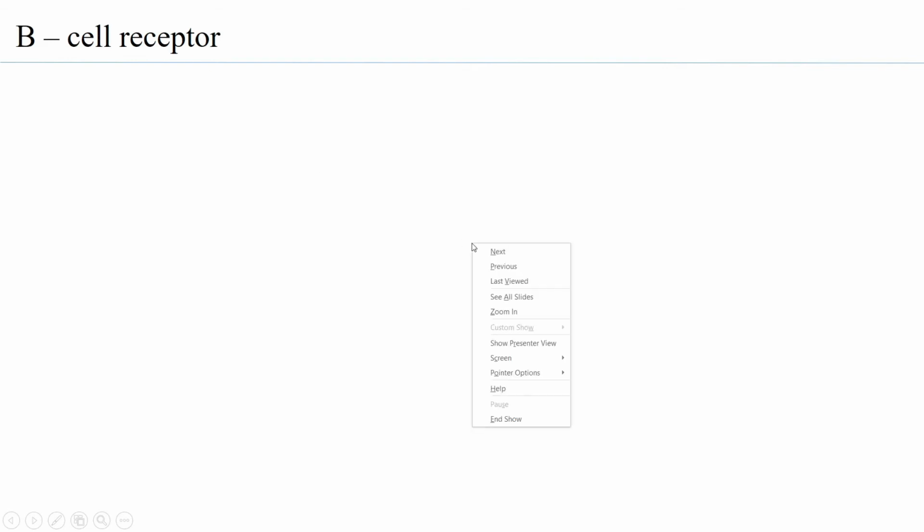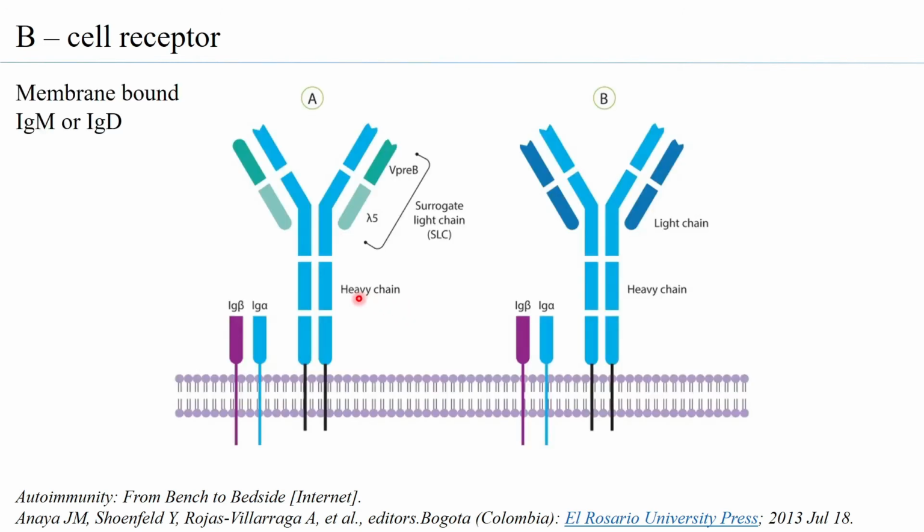Now, when one looks at the B cell receptor per se, what is very clear is that the B cell receptor formed at the pre-B cell stage has the beginning of the formation of the antibody. So you have the heavy chain with the light chain being formed, and this light chain is still not completely mature. It is still what is called a surrogate light chain, and it is associated with two immunoglobulin molecules, Ig beta and Ig alpha.